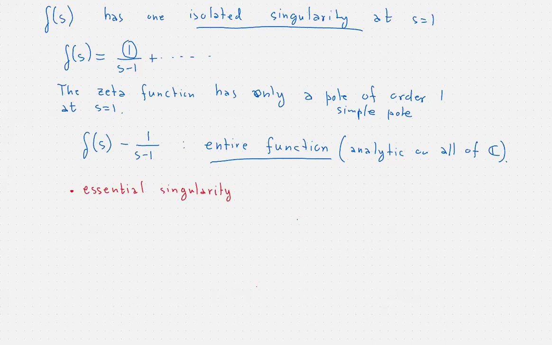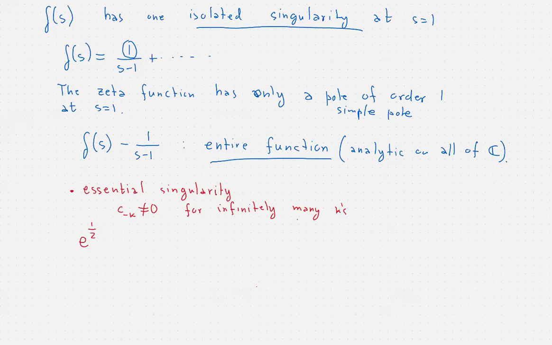C negative k is different from 0 for infinitely many k's. And the simplest example that we can give here is to compose the function e to the z, which is otherwise a very nice function, with 1 over z.